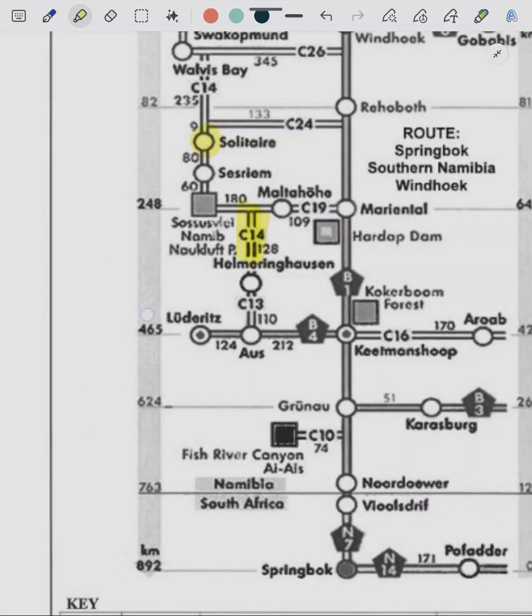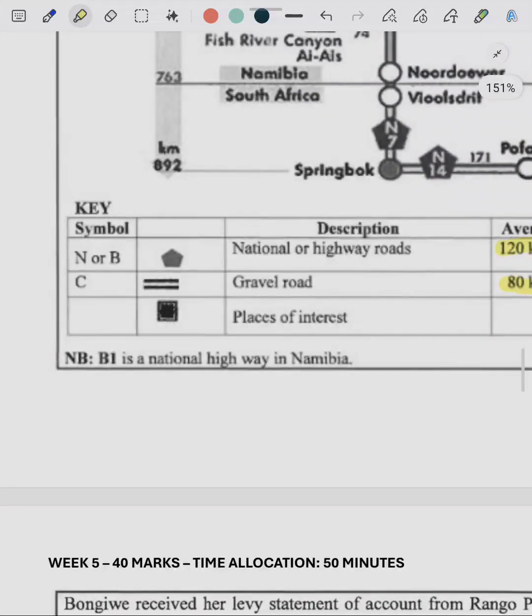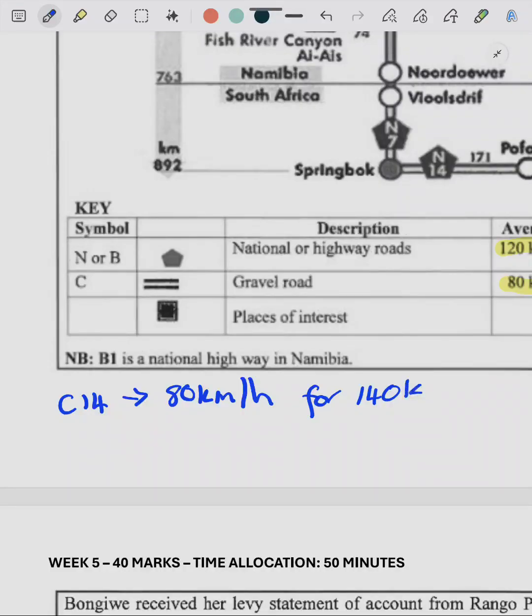So I'm going to make a note that the C14 was a gravel road, so she was traveling at 80 kilometers per hour. And they do tell us she traveled 140 kilometers. So I'm going to make a note of that. 140 kilometers.